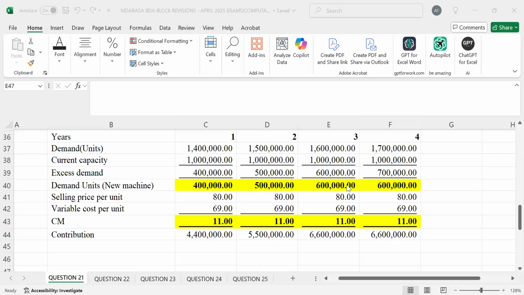After that, we need to consider our item of fixed costs.